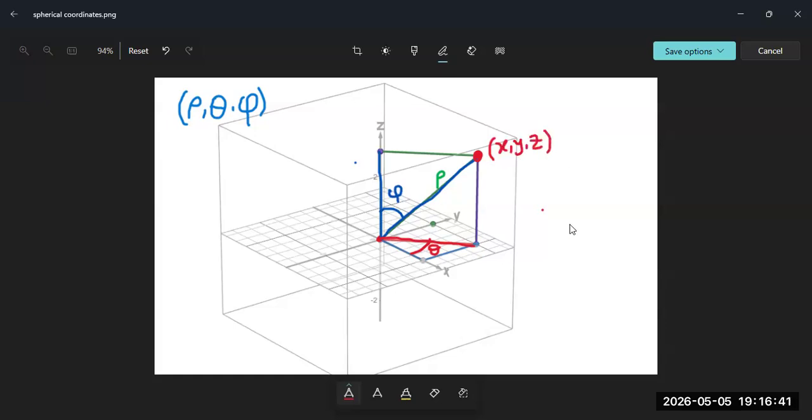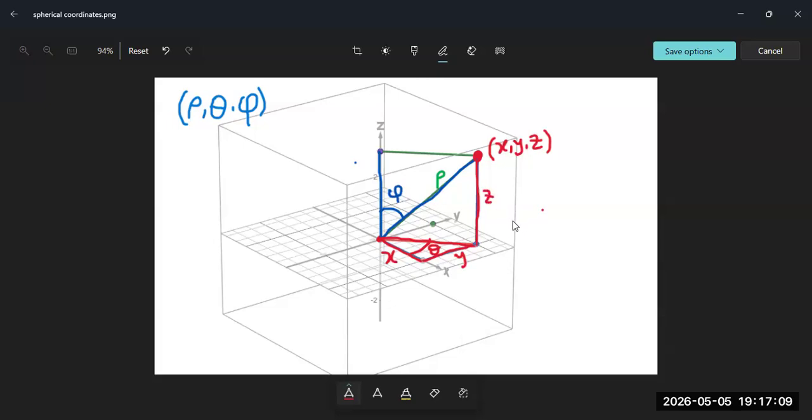In rectangular coordinate system, the coordinate of this red colored point is x, y, z. In x direction, this particular length is x, in y direction this length is y, and in z direction this particular height is z.